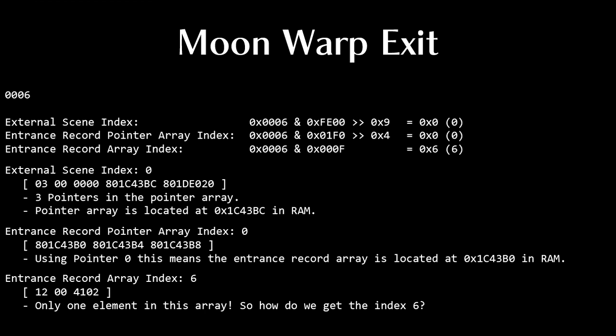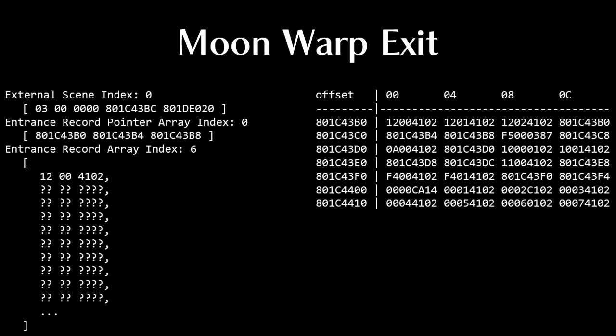Now to help better visualize this, I'm going to at this point switch to a hex editor view of the data. So on the right here, I have the hex data as it appears in RAM. On the left, I have all the information we just went over, but let's quickly reiterate over it. For the external scene index, we get the pointer to the entrance record pointer array.